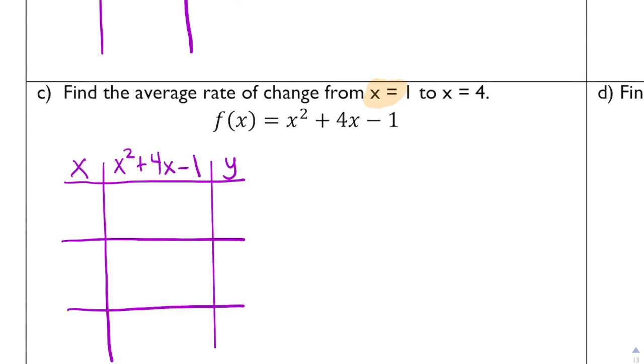We have our interval, x equals 1 and x equals 4. So 1 comma 4, oh, that's a bracket, x1, x2. Then we're going to plug that into our table, 1 and 4.